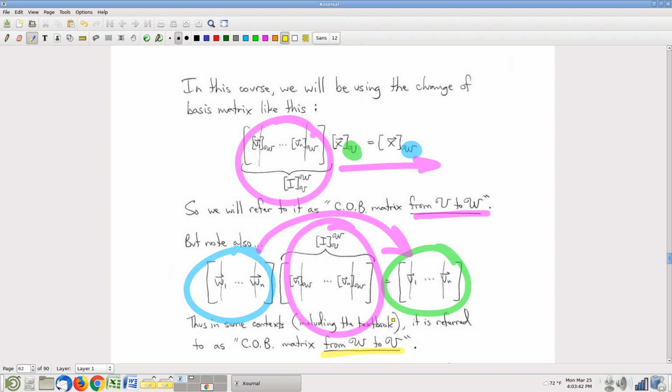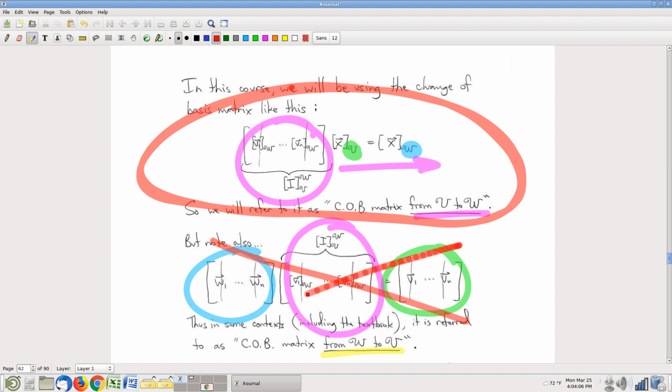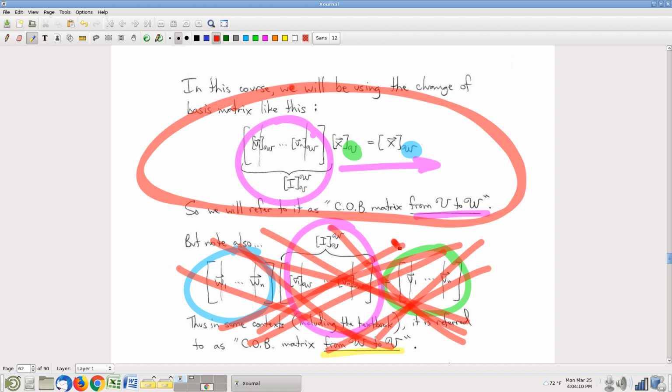All right, now let me tell you why I make the choice that I make. In this course, we're going to be doing a lot of this, where we pick a vector and then change languages from V language into W language. We're going to be doing zero of this. Like none at all. Right?